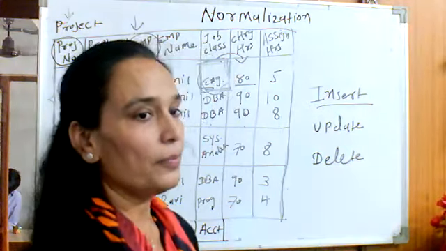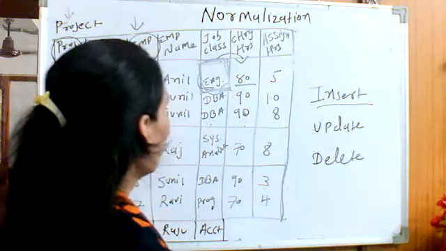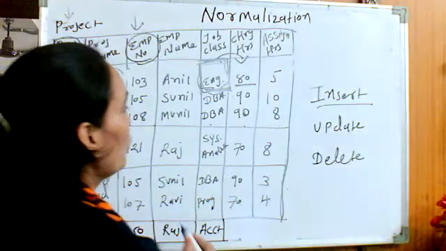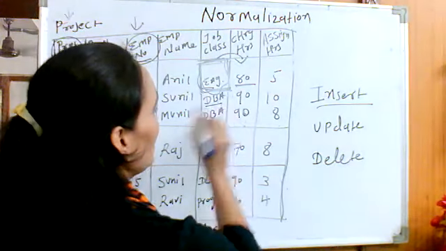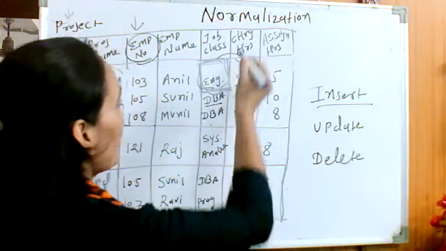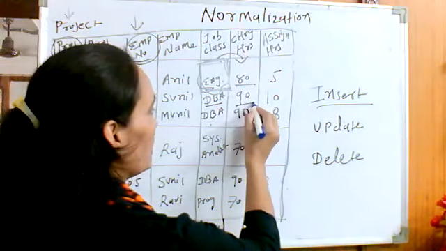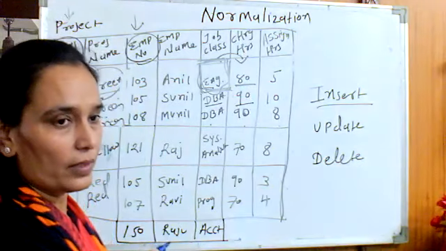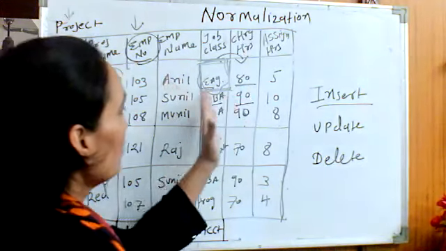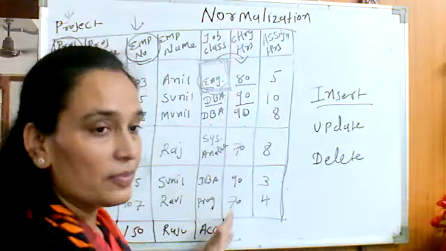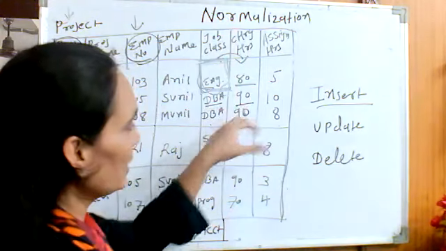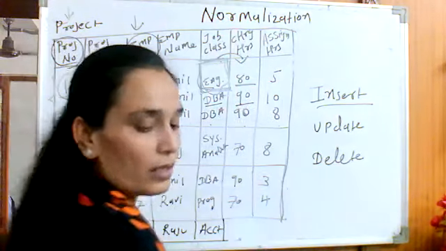Second problem, update problem. How does the update problem arise? For example, there is one DBA whose charges per hour are 90 rupees per hour. Now, there is some change in charges per hour. Now he or she will get 100 rupees per hour.